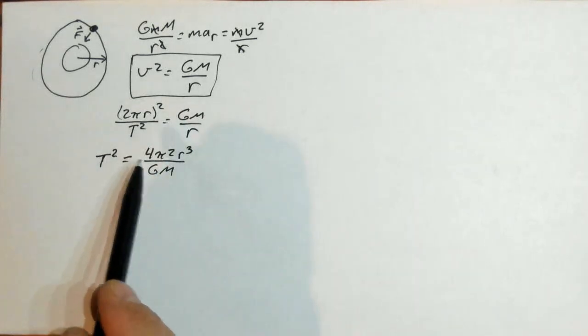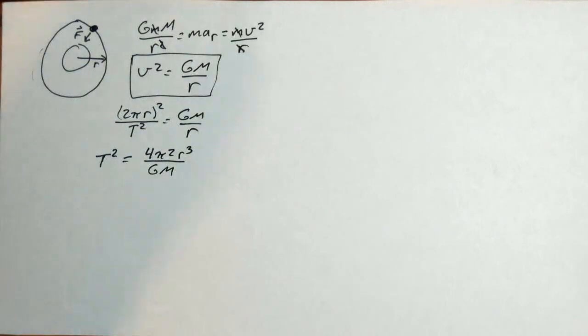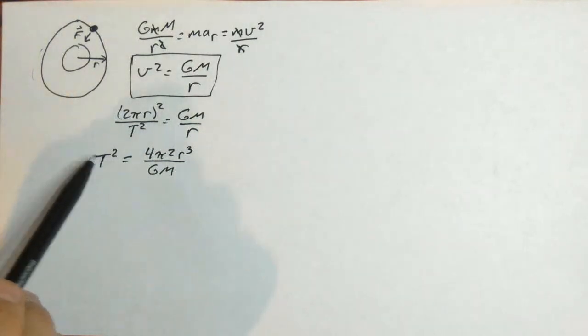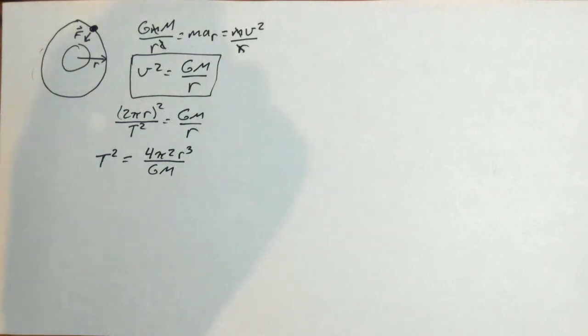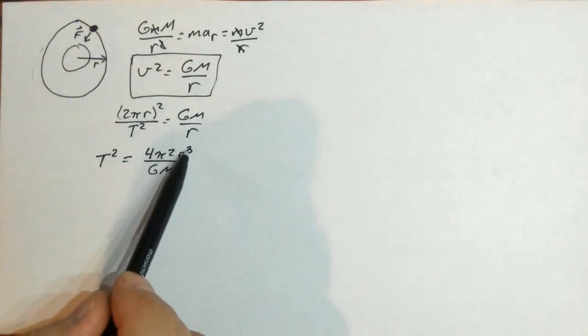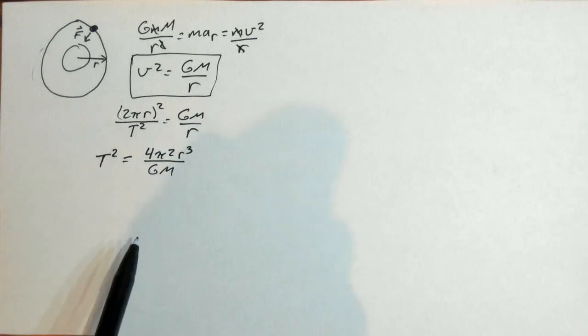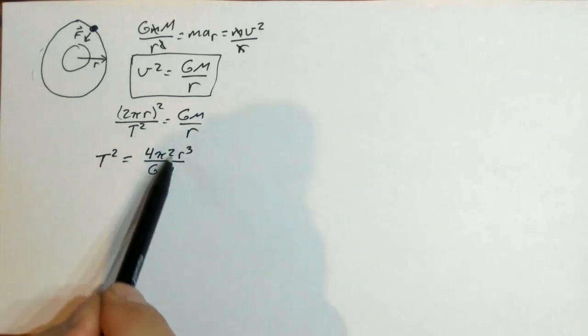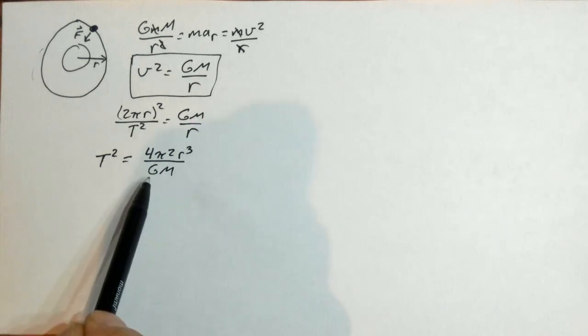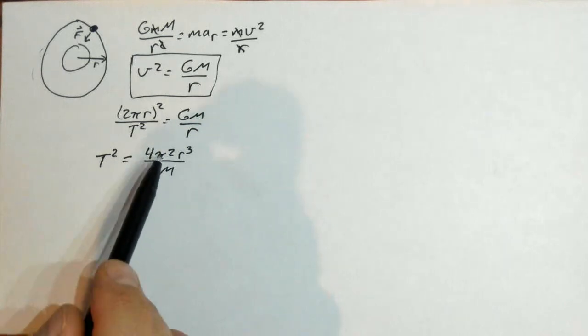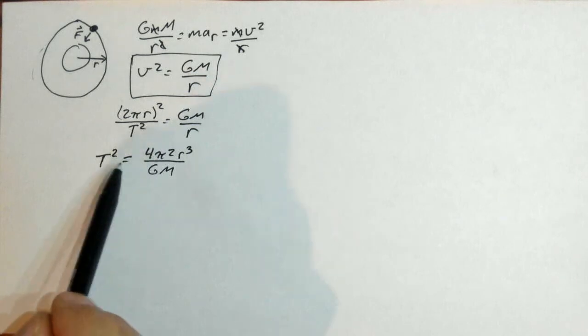And that's basically what Kepler did, is he looked at all his data and saw that consistently the period was proportional to the 3/2 power of the radius of the orbits he observed. Okay? And then was able to come up with this constant that related the two. Oh, sorry, I take that back.